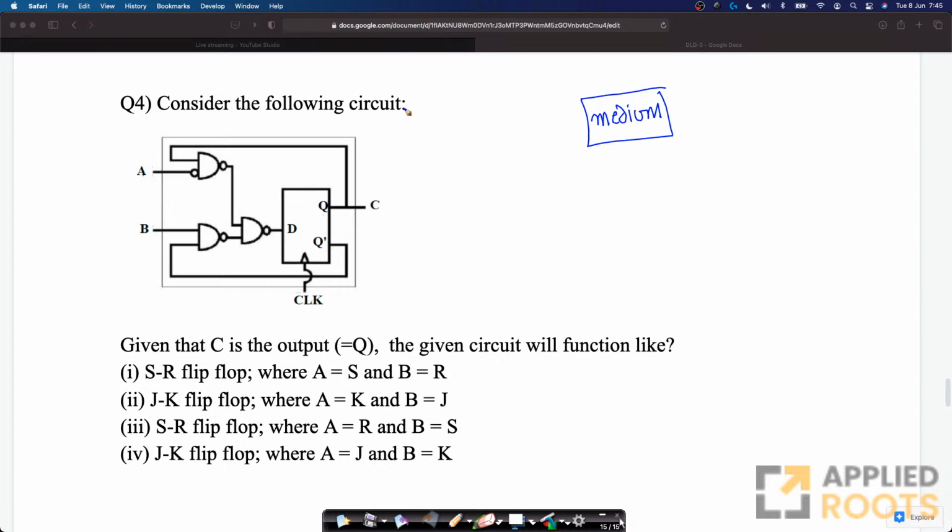Good. I see most of you getting the right answer, which is very good, as always. If you're solving this sort of question, you're fairly comfortable with sequential circuits. I'm still surprised how some of you who are doing so well in all these questions have messed up the first question.